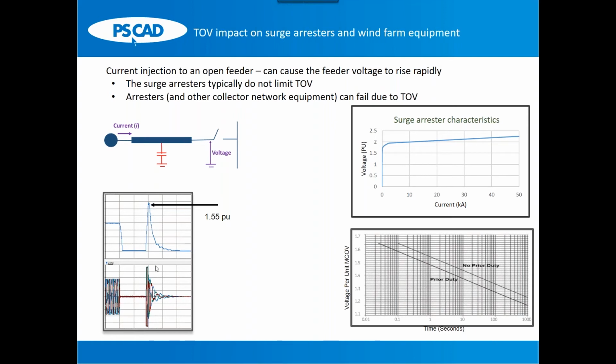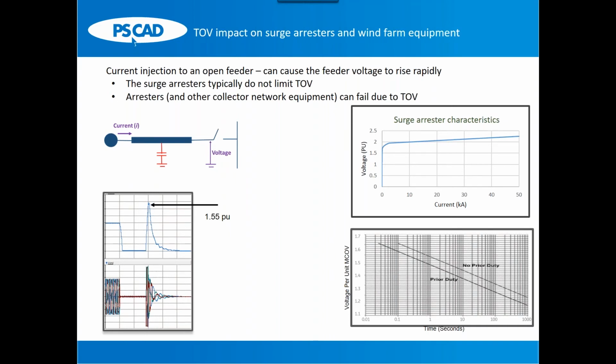So TOVs due to feeder isolation you have to mitigate through proper controls in the inverter itself. If the inverter cannot do that or doesn't do that, then you have to add other mitigating options, maybe fast grounding switches. Just have a fast acting grounding switch here, where as soon as you open the breaker, the grounding switch will also get shorted to ground. So that's kind of a background.